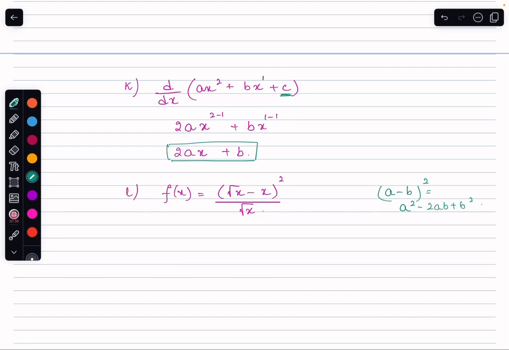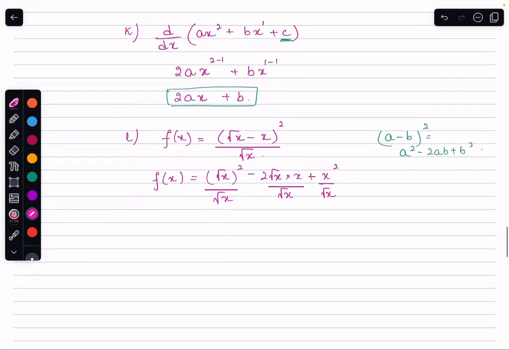So if I apply this to this given function, then I can simply say f of x equals root of x, the whole square, minus 2 root of x times x, and then I should be having a positive x square. And we know every term should get divided by root of x here so that we can differentiate this function easily.